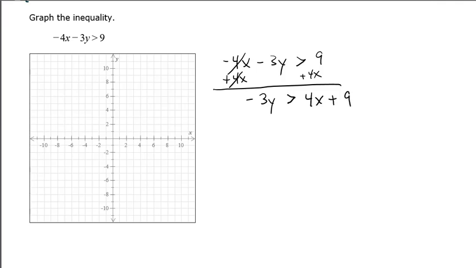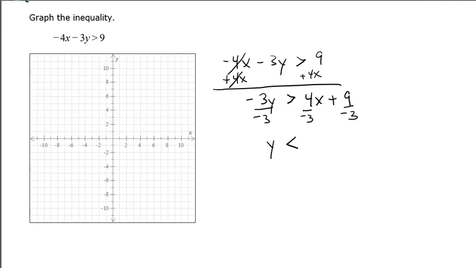So our last step is to divide by our coefficient. Now, since our coefficient is a negative, when we're solving inequalities, if we multiply or divide by a negative, the sense, S-E-N-S-E, or the direction of our inequality changes. So it changes from greater than to less than.